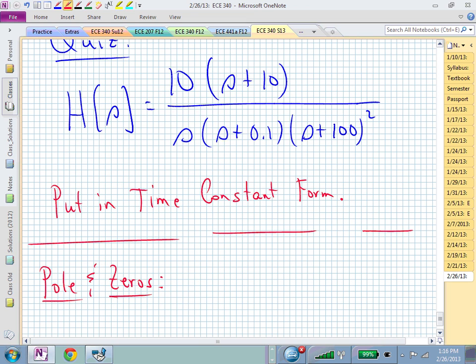I have a finite value of s that causes that numerator to vanish, don't I? I have an s that's finite, that's bounded, that would allow that numerator factor to become 0. And that value of s, I just plug s plus 10 and set it equal to 0, and I find s is equal to minus 10. That's pretty easy, right? So I do have a zero.